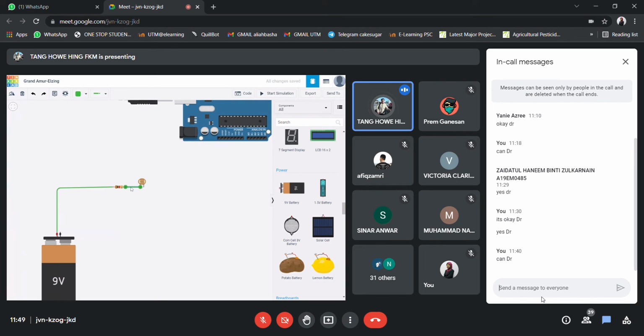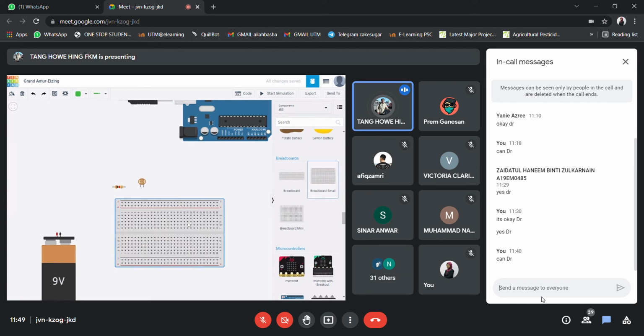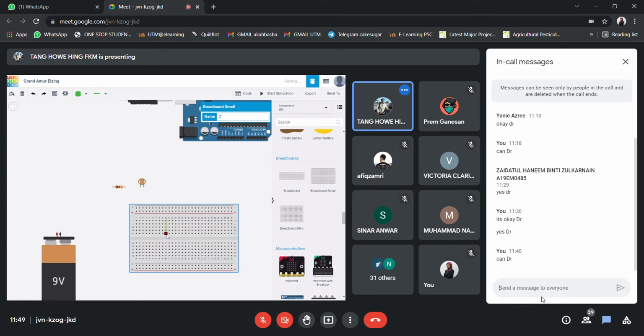I think it is much better if I put it onto a breadboard, so you can have a clearer view of it. So I have a resistor plugged in here, and then this photodiode connected in series, and therefore I have this voltage supply entering the resistor.